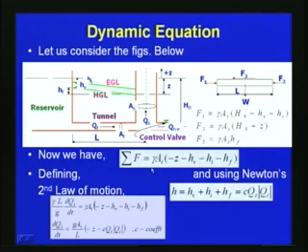Now the resultant force, with respect to these three equations, we can write: sigma F is equal to gamma into AT into minus Z minus HV minus HI minus HF. Now using Newton's second law of motion, we can equate this net resultant force to mass into acceleration.